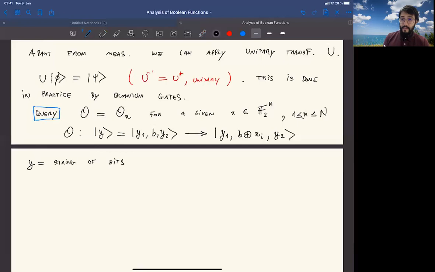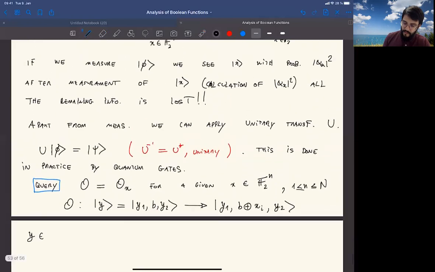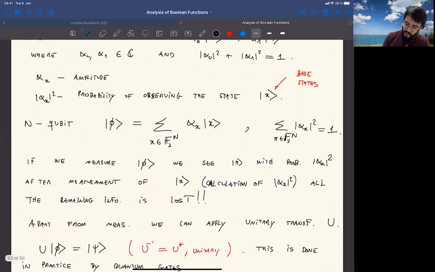And so y1, b2, and y2 are just parts of that string. Y1 will be, so let me write. So y here, I'm changing x to y only, just to keep notation.